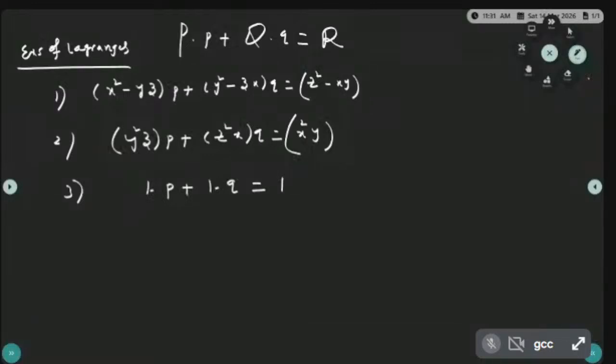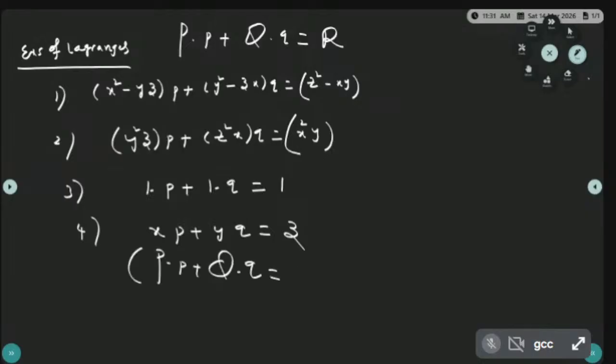What is capital P? Capital Q, 1. Capital R, 1. Okay? Yes. This is also Lagrange's. This is in which form? P into P, Q into Q equals R.